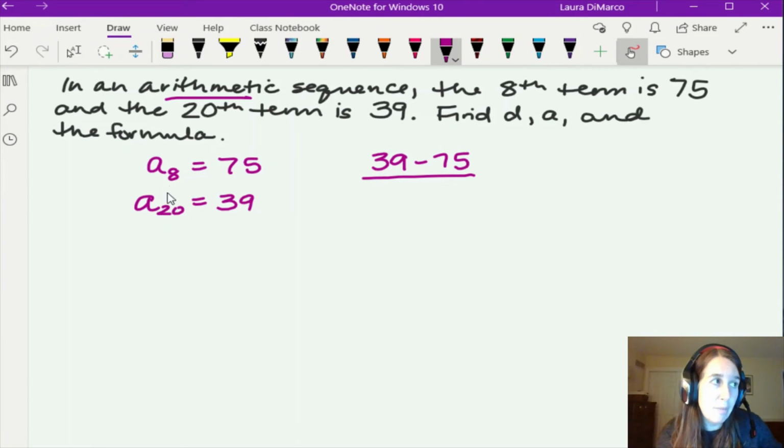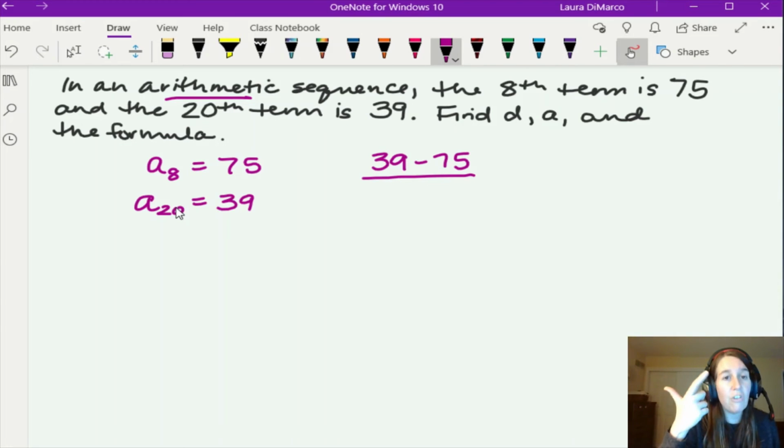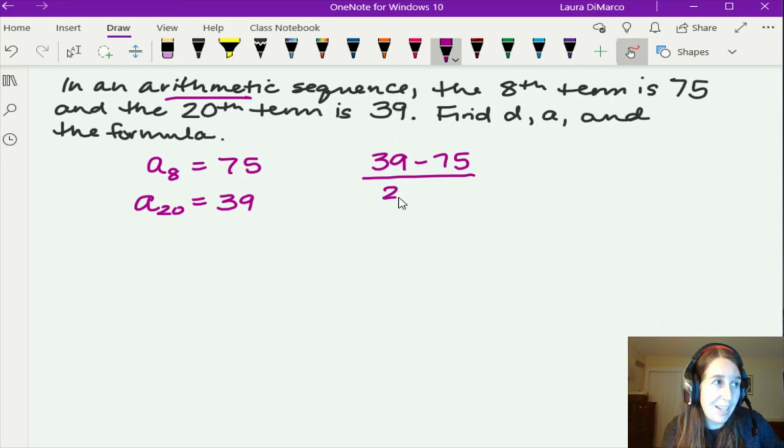So how many d's are there between 8 and 20, right? We have to add d to get to the 9th term, add d to get to the 10th term, 11, 12, etc. Well, really, it's 20 minus 8, right? We have to add d 12 times to get from the 8th term to the 20th term, okay?